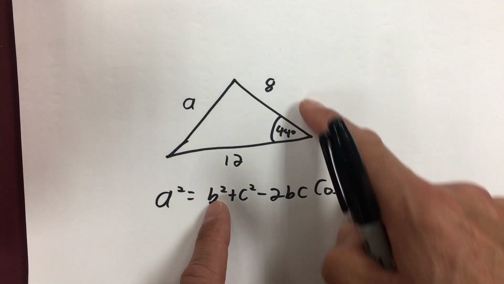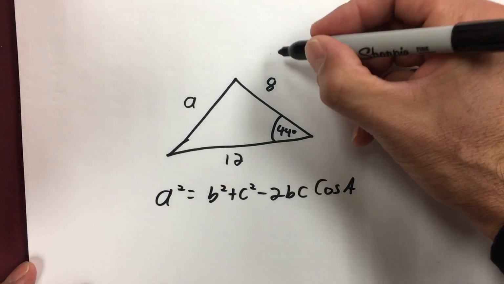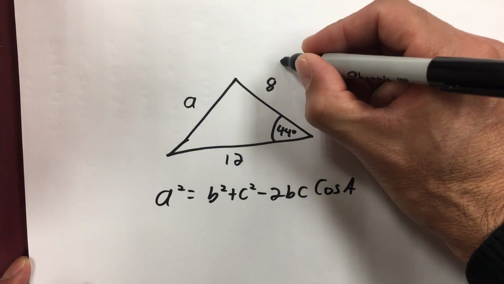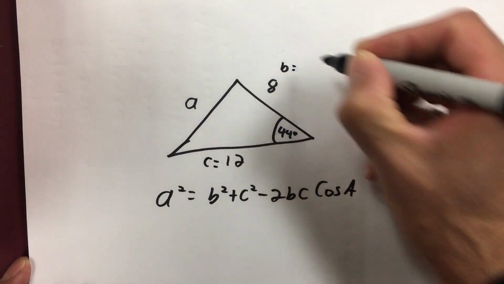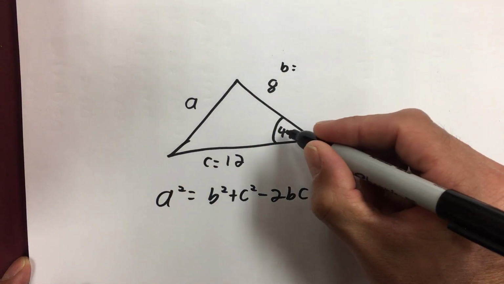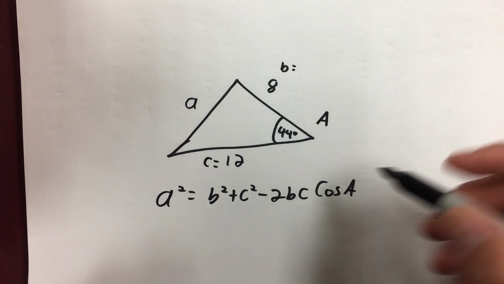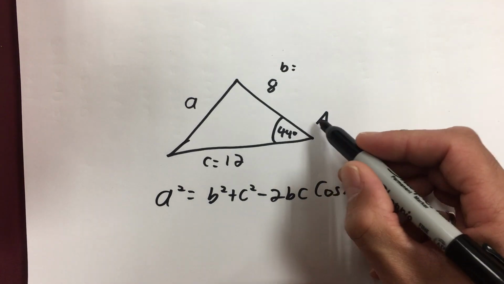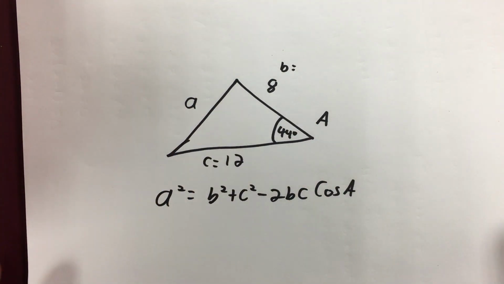And then the other two side lengths show up in both spots here. I'm going to label that B and label that one C so that everything will fit into the formula, and this angle here is going to be A. Again, make sure that the angle A is across from side length A for all of this to work.